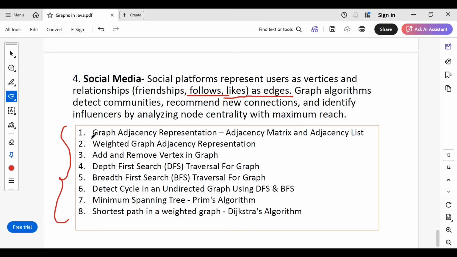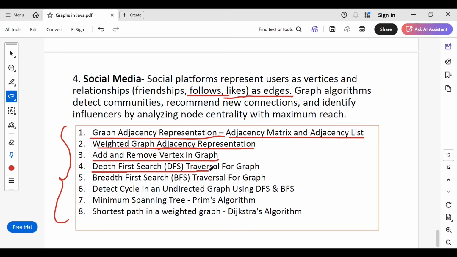So first thing is, how will you represent a graph programmatically? So graph adjacency representation. You can do it using matrix and list. With weighted graph, you have to store weights also when you are creating an adjacency representation for the graph. Then of course, adding or removing a vertex in a graph with its edges.